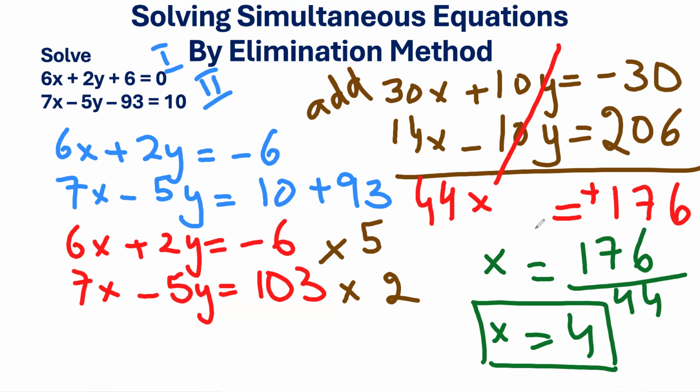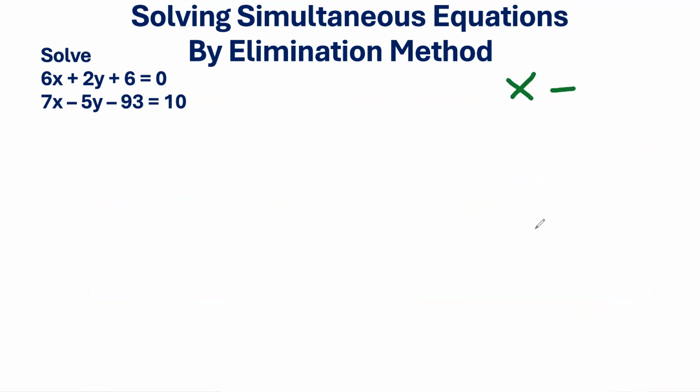Now you can find the value of y. So we are using equation number 1 to find the value of y. x is equal to 4. Now we are finding y.